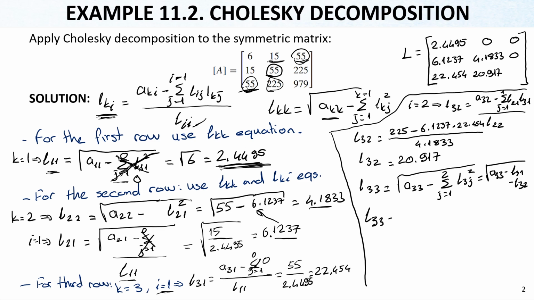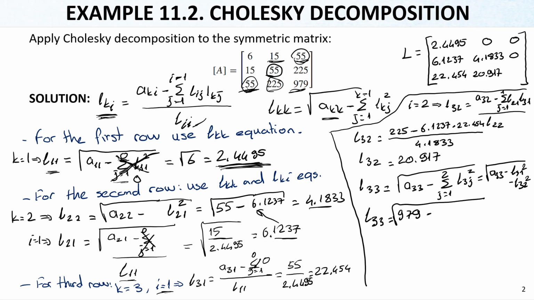L33 is equivalent to the square root of A33, which is 979, minus L31. You can see now L31 is this, L32 is this. Let's write them down. Of course, the square of these. Here we forgot about the square, because in the equation here we have square. Square of this and square of this.